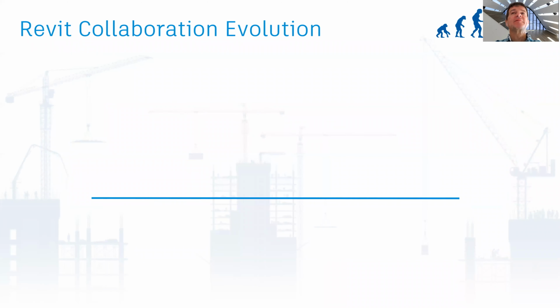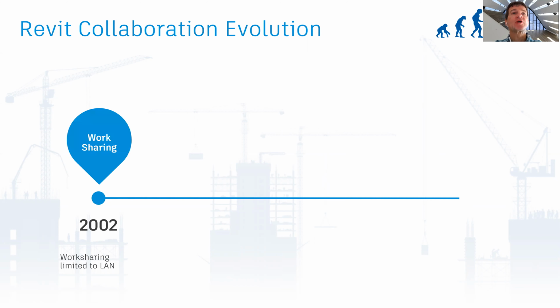And before really going into the depth of the functionality, I want to just quickly give you an update on the evolution. So the evolution of Revit collaboration started back in 2002 when we had work sharing limited to a local area network.